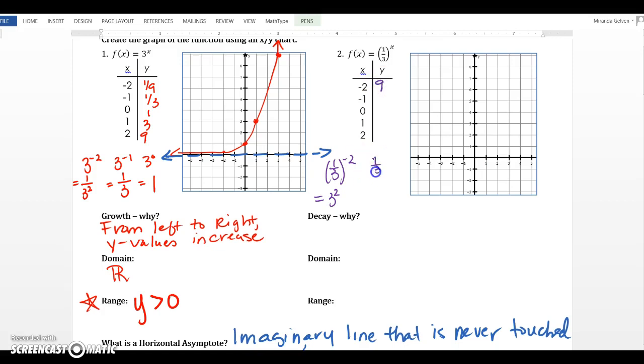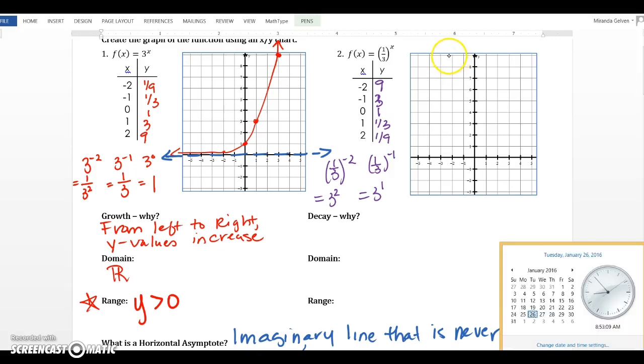If I have 1/3 to the -1, negative exponent flips. So 3 to the first. Sorry, that should be 3. Remember, anything to the 0 power is 1. And then 1/3 to the 1 is just 1/3. 1/3 squared is 1/9. So hopefully those numbers are looking familiar compared to the first one. They're just in a different order.